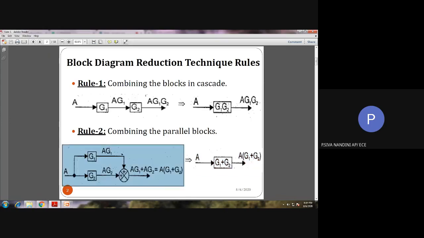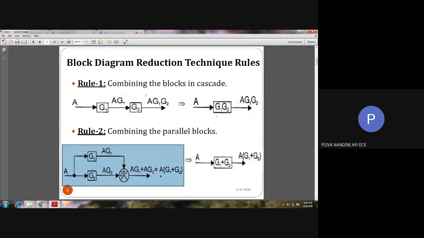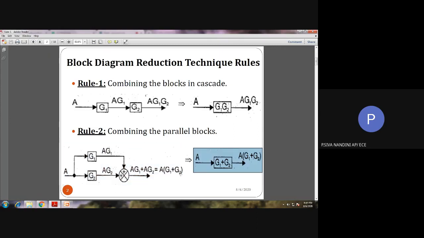G1 and G2 are summed up or added using the summing point, so that operation can be done in a single block G1 plus G2. The output will be the same. Here also we are giving the same input A and the output is A into (G1 plus G2). In both cases the output is A into (G1 plus G2).